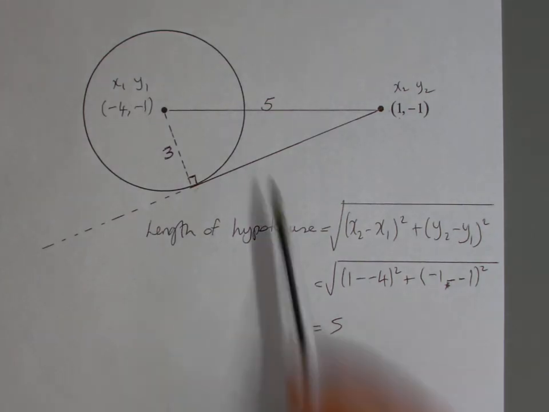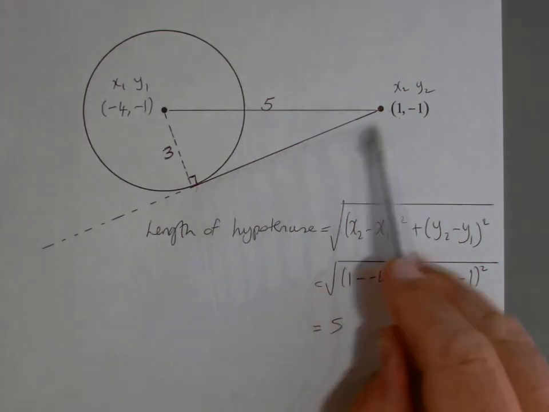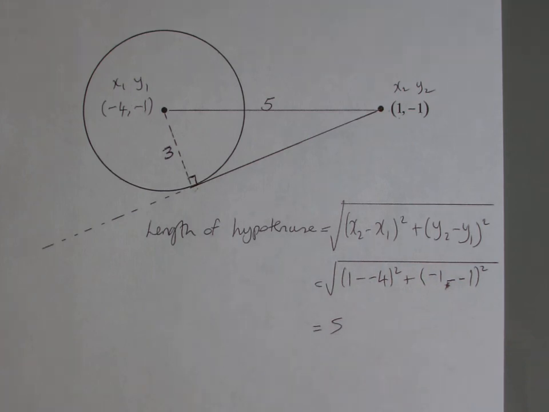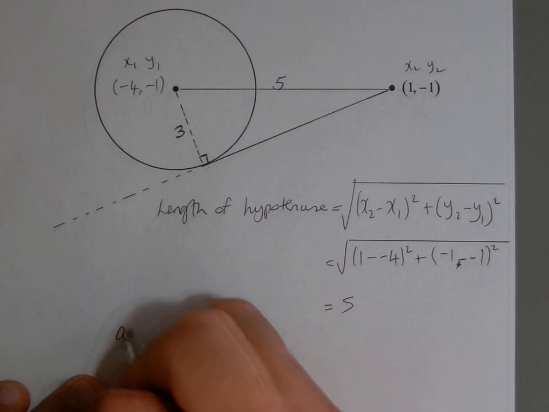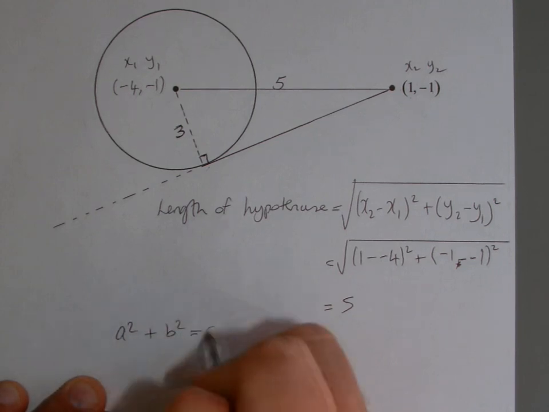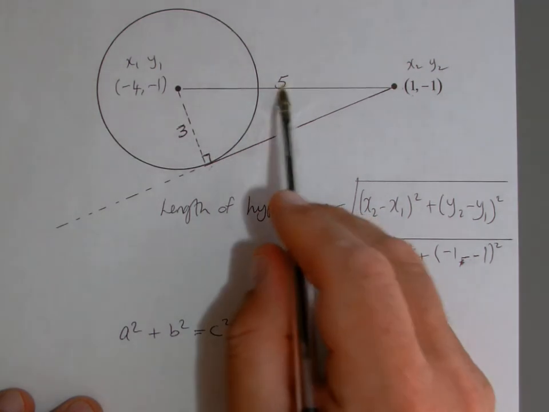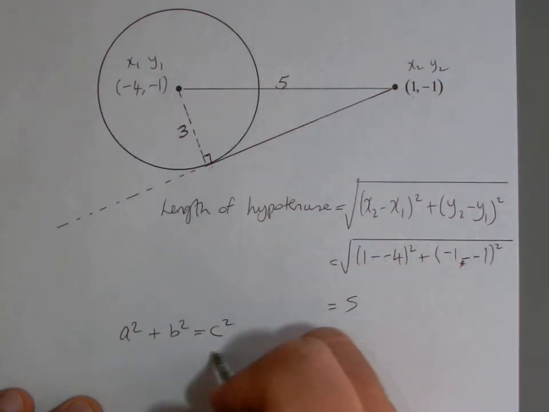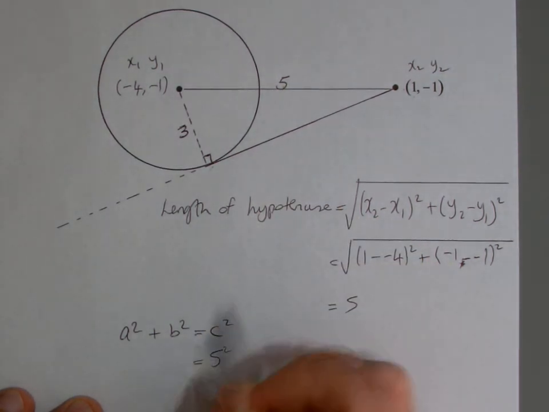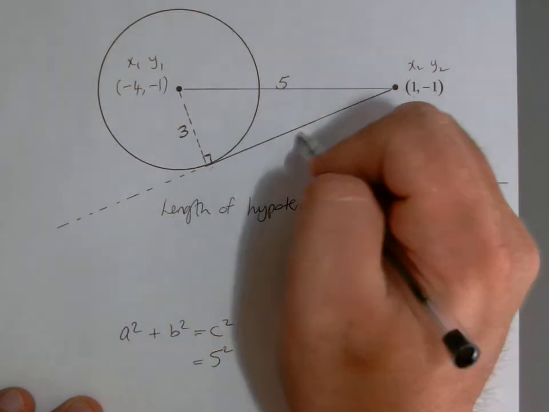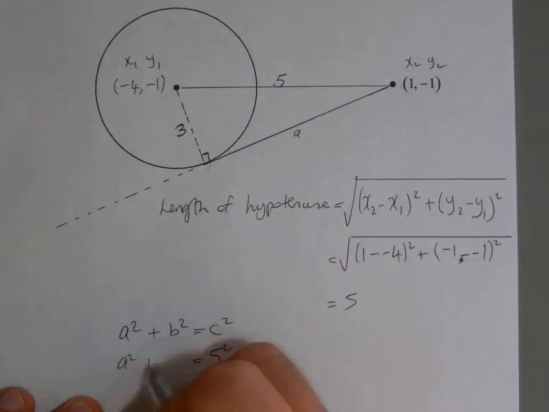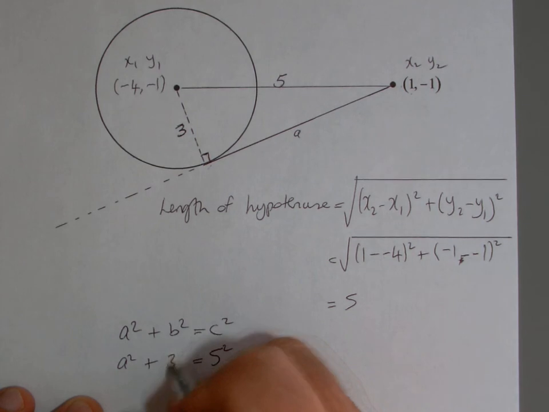So can I work out then the length of this? Well, of course, we can use Pythagoras' theorem. Pythagoras' theorem states a squared plus b squared is equal to c squared. In this case, the c is obviously the hypotenuse, the longest side, so that'll be 5 squared. We'll call this maybe my a, and that my b.